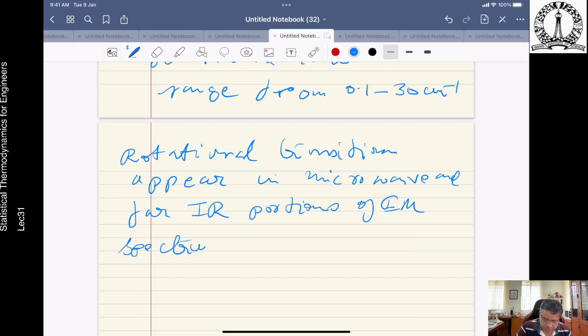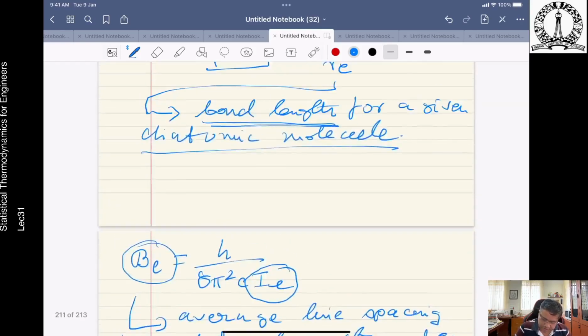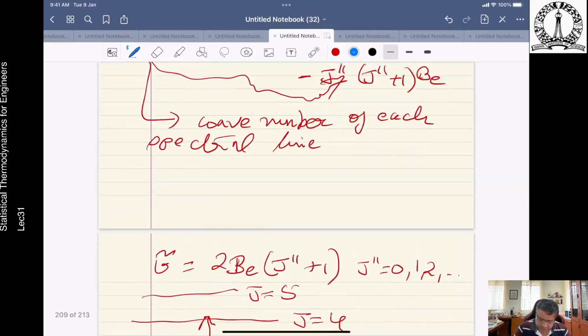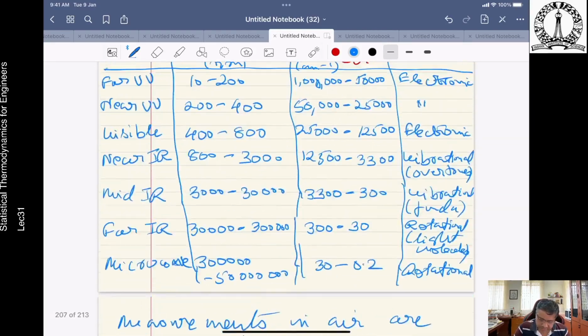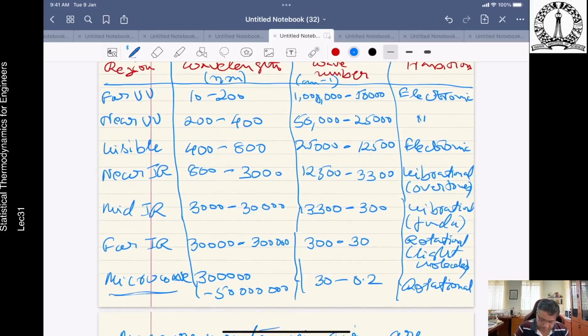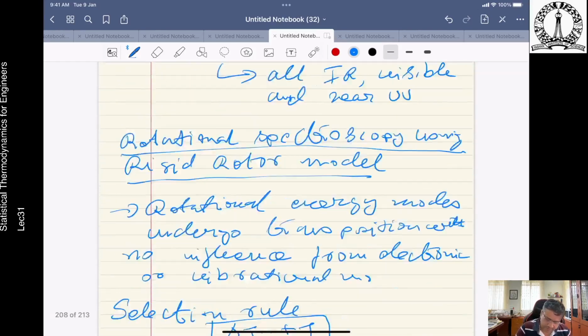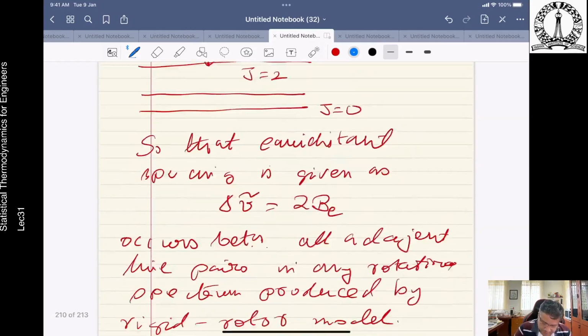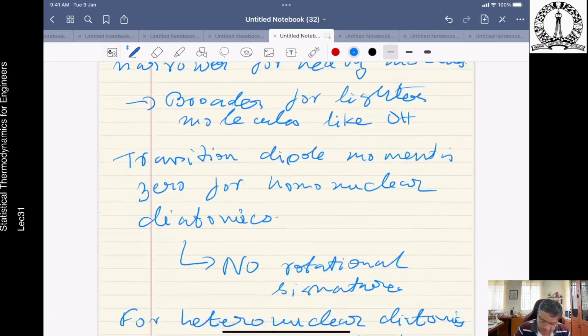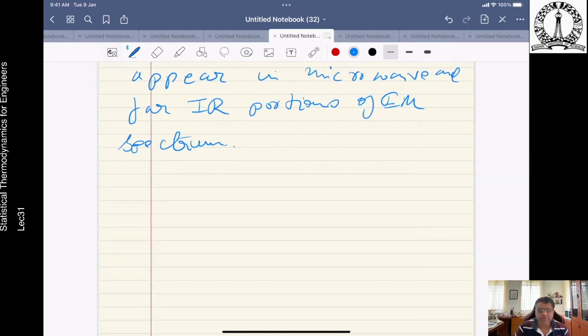This we already saw in the table. So if you have forgotten, just relook at this particular table that we just did: microwave, IR, nature of the spectrum. So this is rather good. So for the rotational transitions, we now have a very good idea.